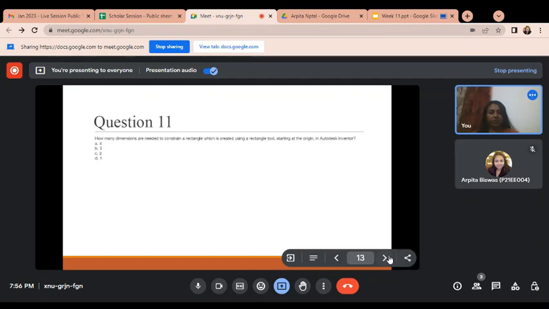Option A is 4, option B is 3, option C is 2, and option D is 1. So go through the question carefully. What is the right answer?